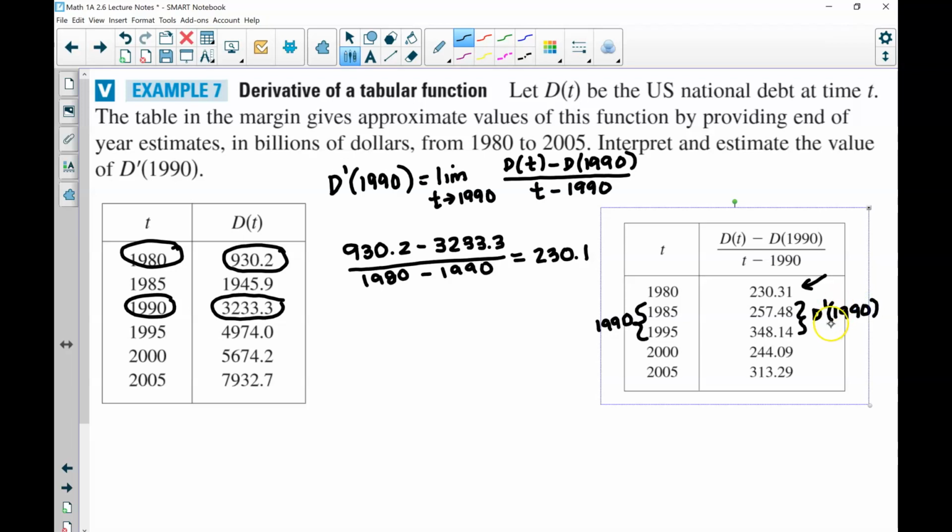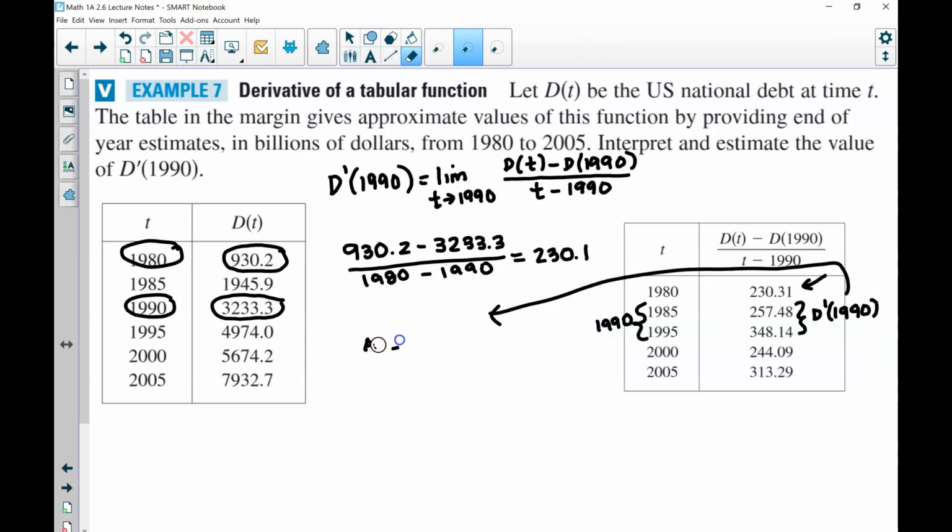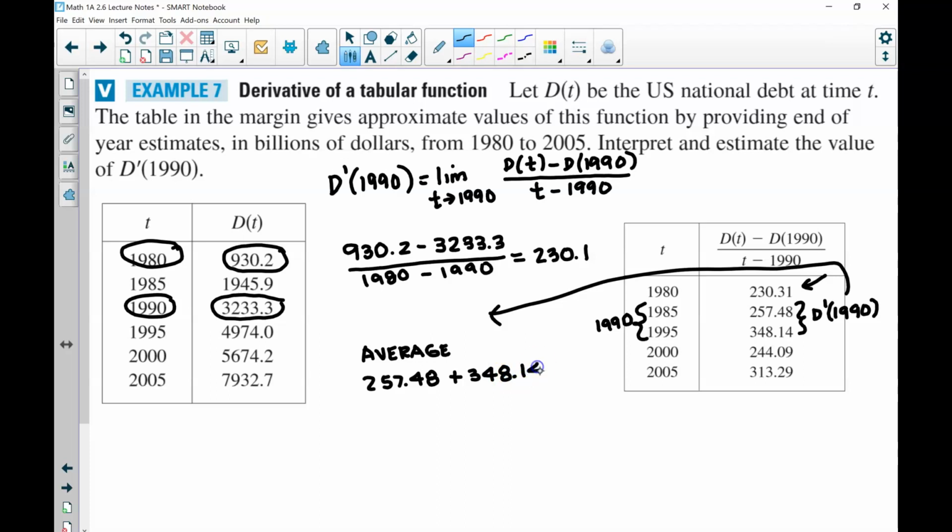And so what we want to do now is find the average, by taking the average of those two numbers, which is 257.48 and adding 348.14 and then dividing that by 2, which gives us the result of 302.81.